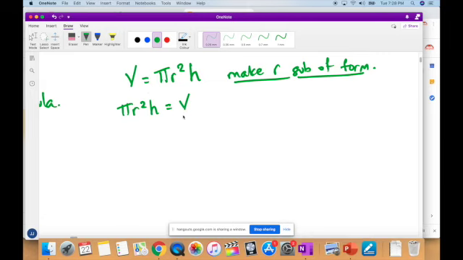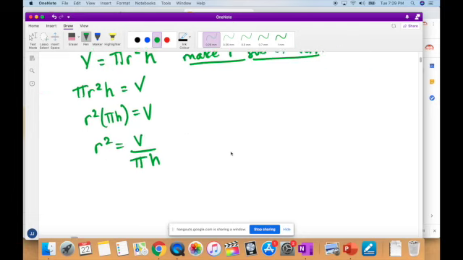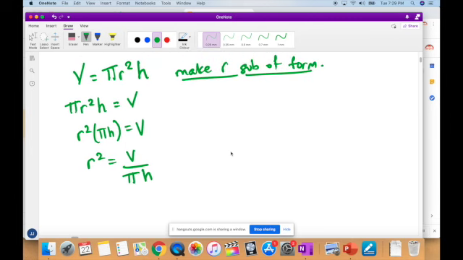We could throw across the pi and the H, because this is really R squared multiplied by pi H. Caitlin, you following, right? So now I could throw across the V divided by pi H. So I have R squared is equal to V divided by pi H.